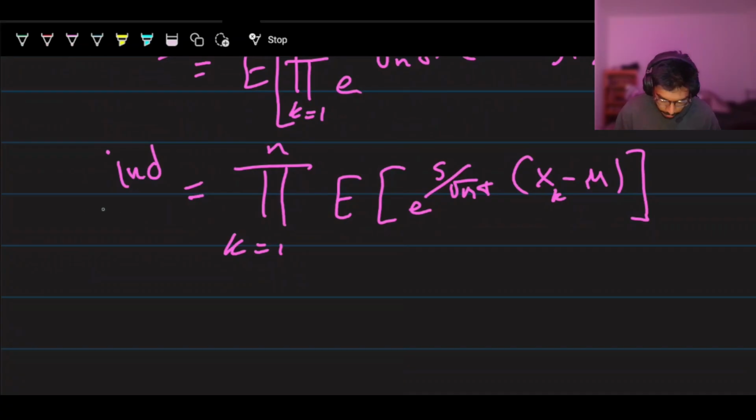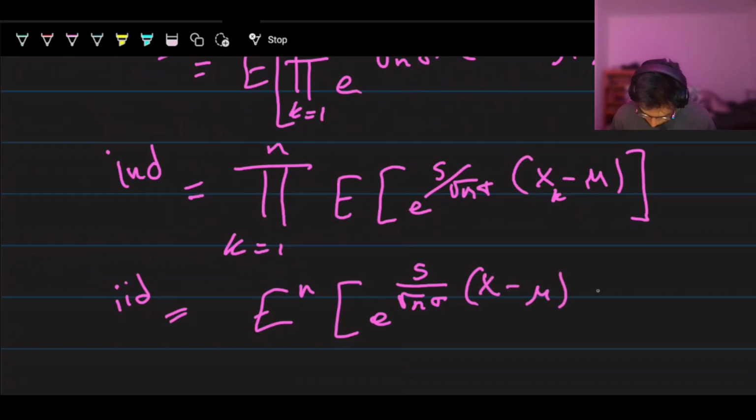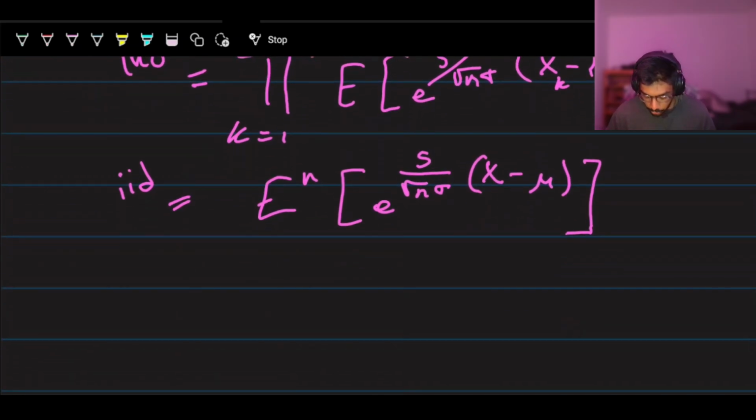Since these are IID, the distribution of xk is not changing at all, so this is the nth power of the expectation. We can rewrite this as the expectation, to the nth power, of e to the s over root n sigma times x minus mu, because all the x's are independent and identically distributed.